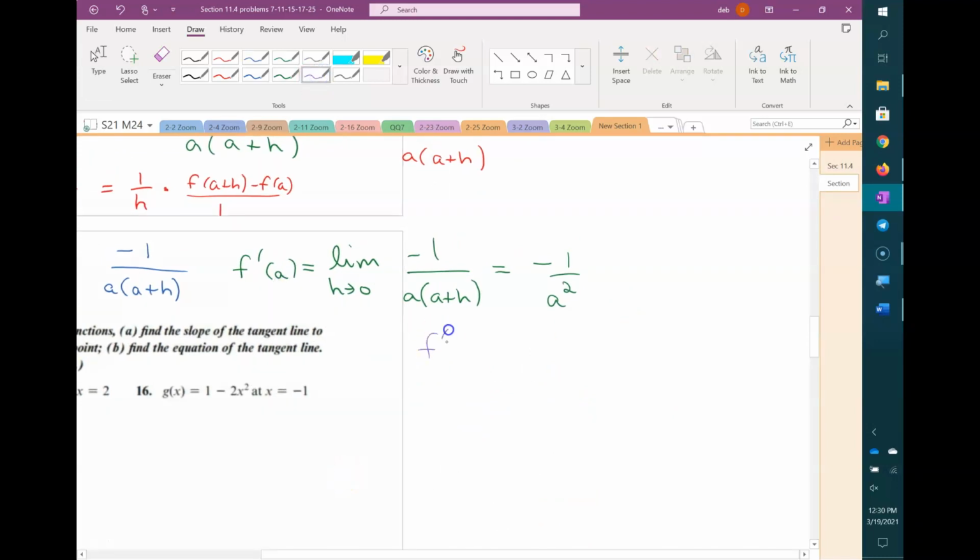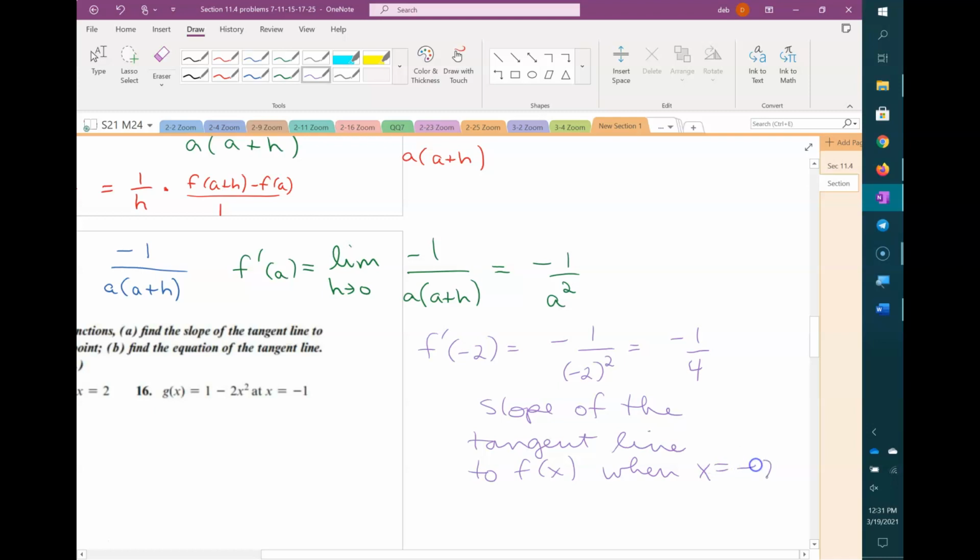So we're going to say f prime of -2 equals -1 over -2 squared. So that's -1/4. This is the slope of the tangent line to f of x when x equals -2. Okay, so that's my m.